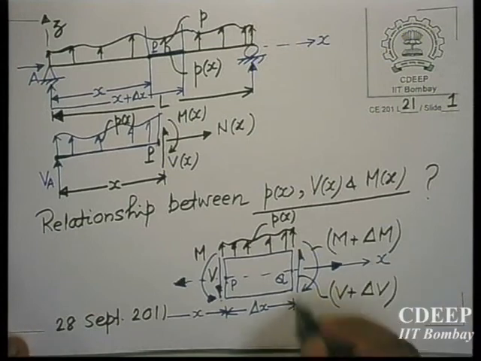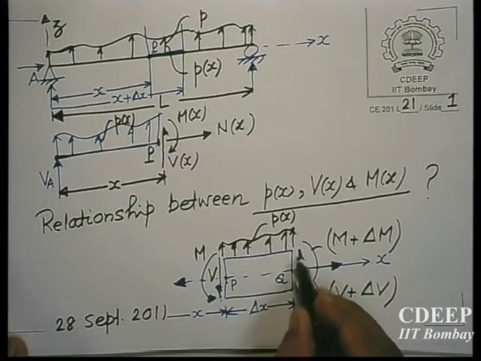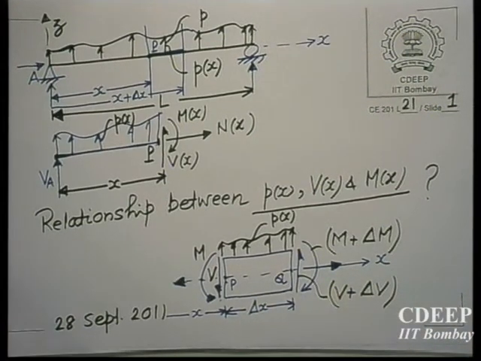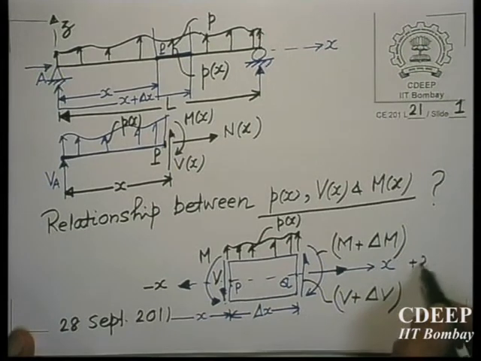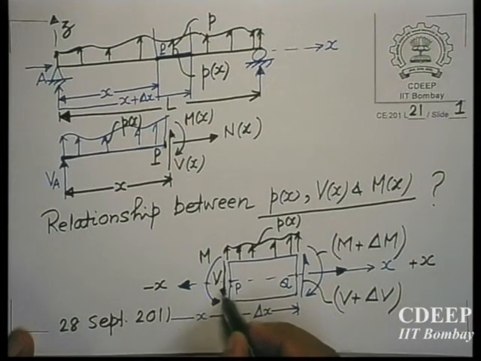Now, this is a positive face, all these forces are positive, you have seen. Now, this one is a negative face, this is positive x, and these are on a negative face in the negative direction.